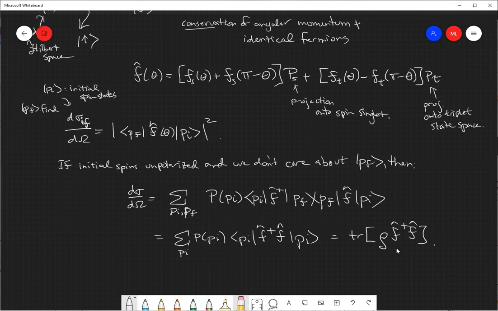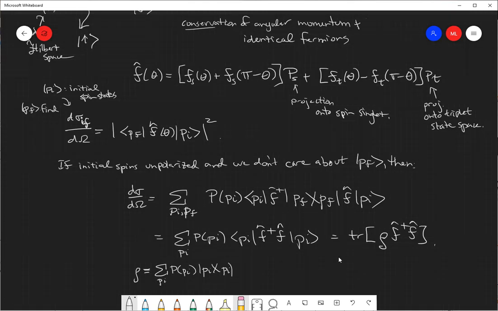Remember that the density operator generalizes this idea of if we don't know what particular ket we're in, then the state operator, remember, is defined as the sum over all the different kinds of states that you have of the probability of observing that particular state times the projection onto that state.